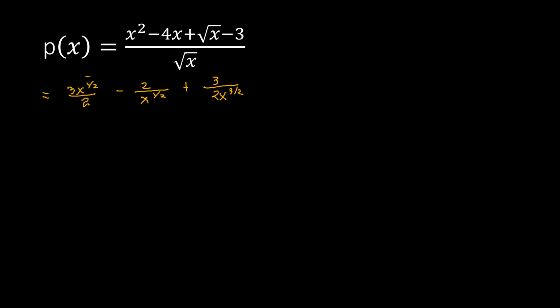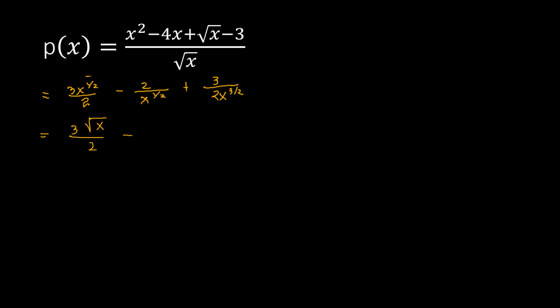So continuing our process here. So this is now simplifying everything. So we have 3 and then converting our fractional exponents. So we have x to the power of 1 half, that will become square root of x, and then over 2.